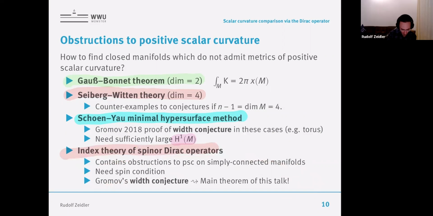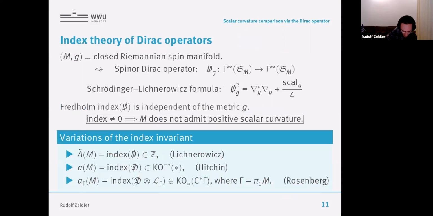Okay, so what is this index obstruction? I think we know this, but maybe just very quickly. If we have a closed spin manifold, say, then we have a very nice elliptic first order differential operator, the spinor Dirac operator.